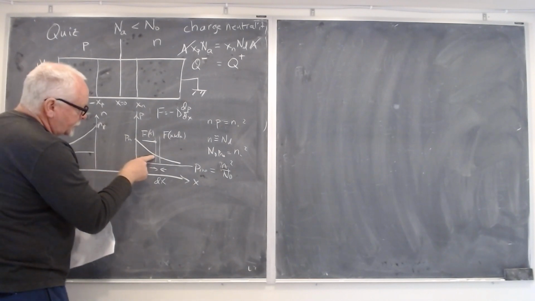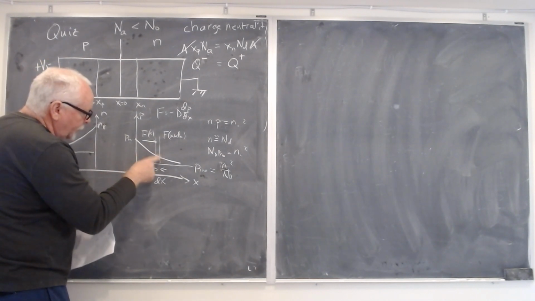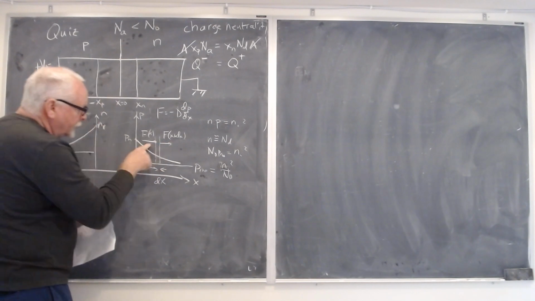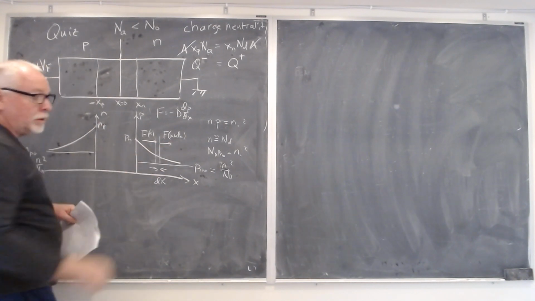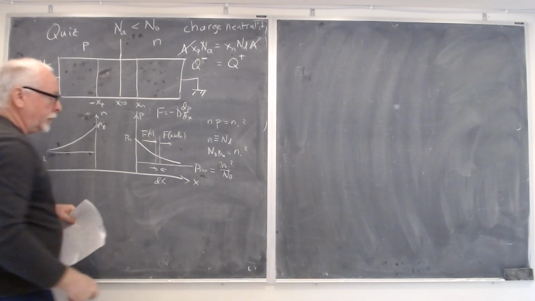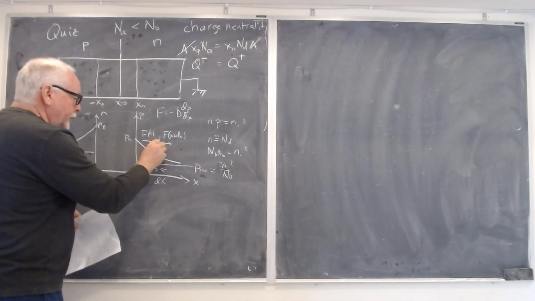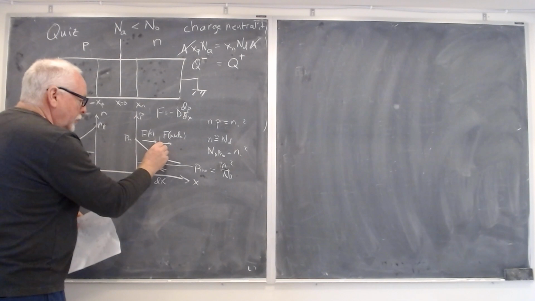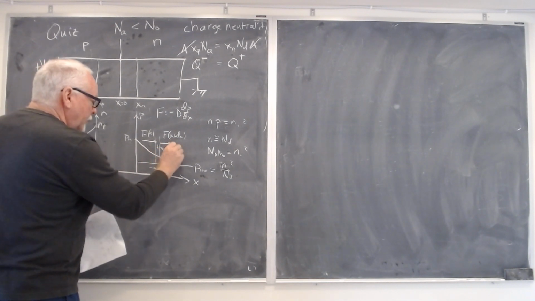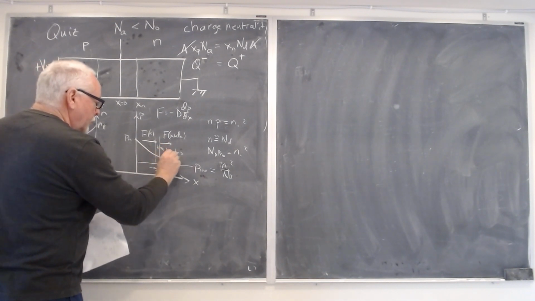Now, if you look at this, the slope here is bigger than the slope there. So that arrow is bigger than that arrow. Now what does it mean? It means that there are holes recombining in there.